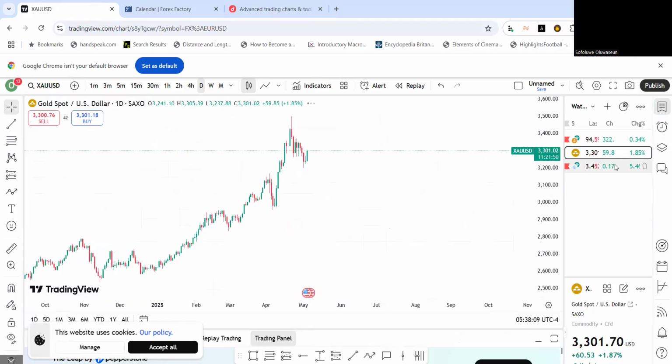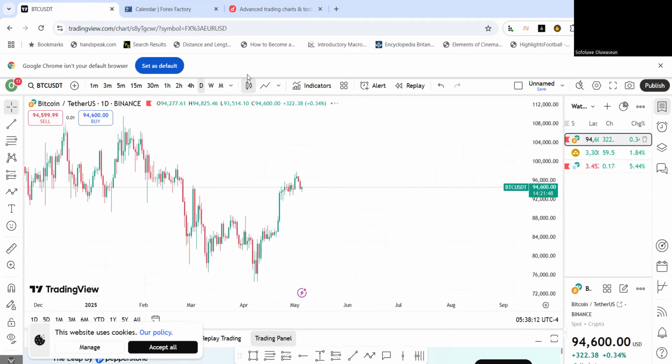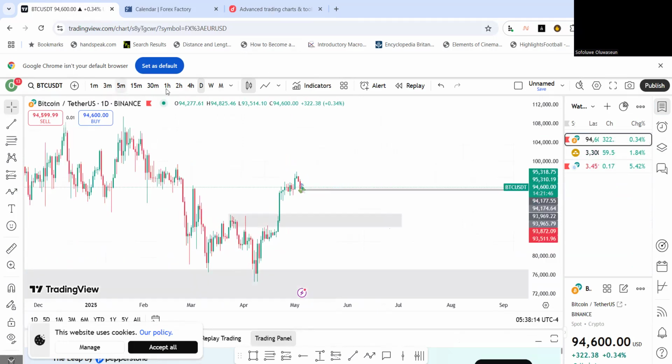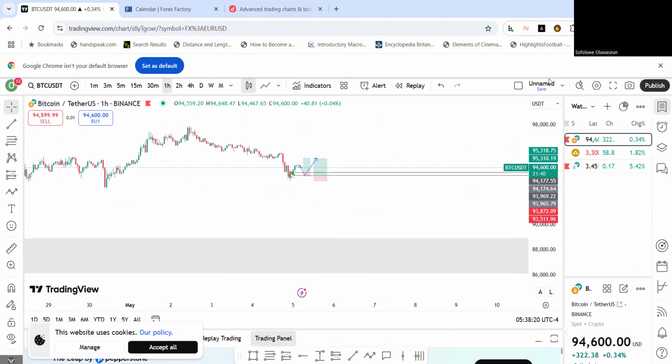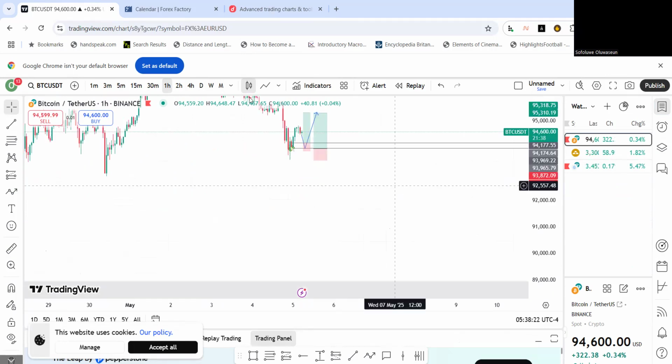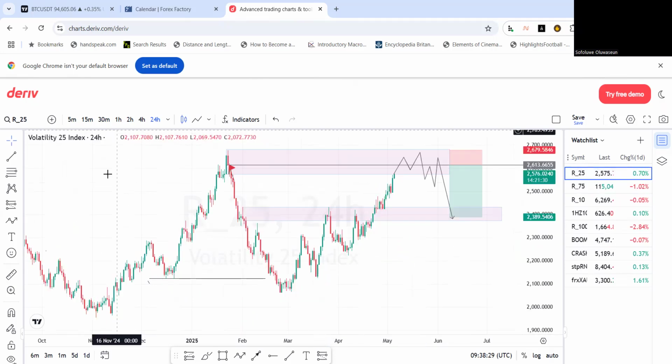Sui USDT, gold, BTC USDT. You can see BTC USDT is approaching our point of entry already. So we can check again the V75 index and the volatility 25 index.